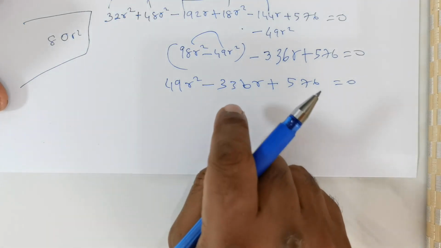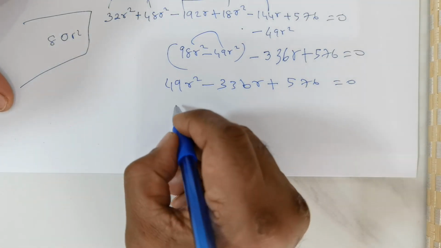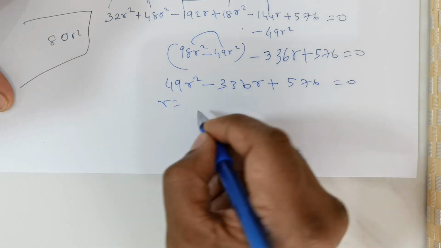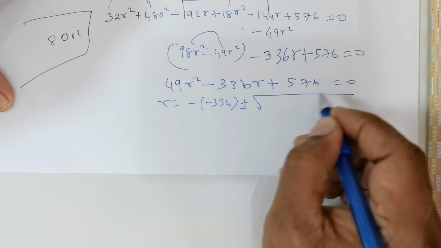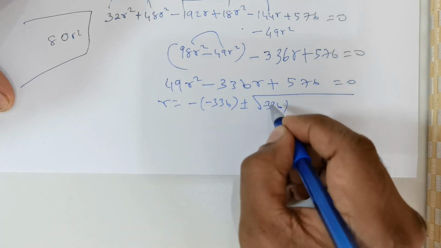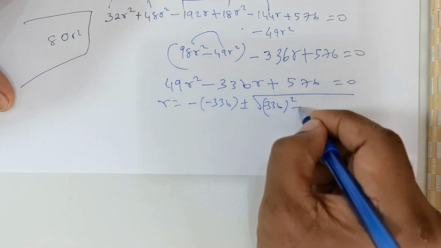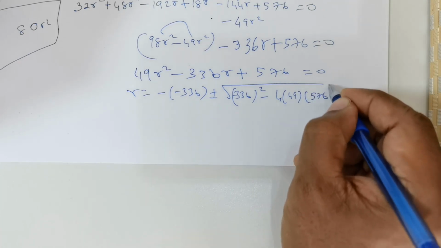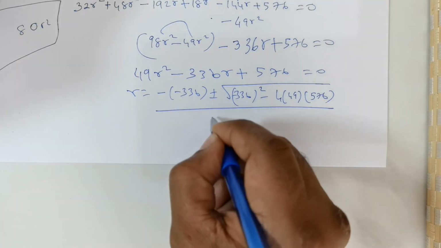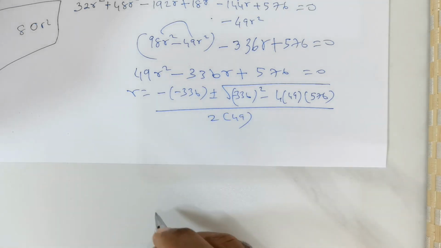Okay, now this is a quadratic, you have to solve it. I'm going to solve it using the quadratic formula. Negative of negative 336 plus or minus root of 336 squared negative 4 times 49 times 576 divided by 2 times of 49.